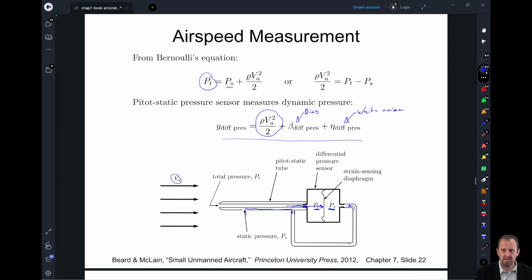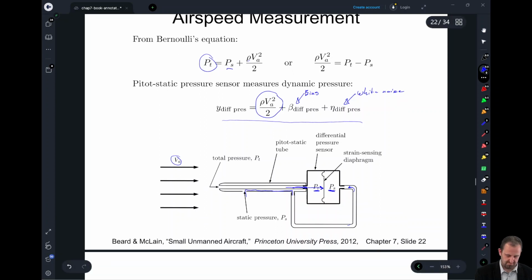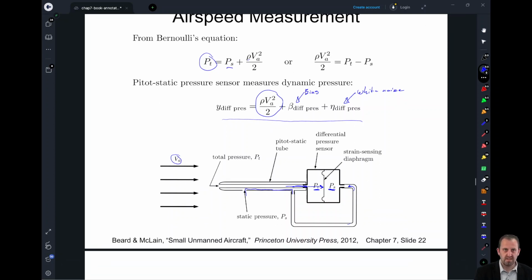So we can get a fairly decent measurement for our relative wind speed. And there you have it. So we can use these pressure sensors, pretty phenomenal little apparatus, to measure both altitude and airspeed.